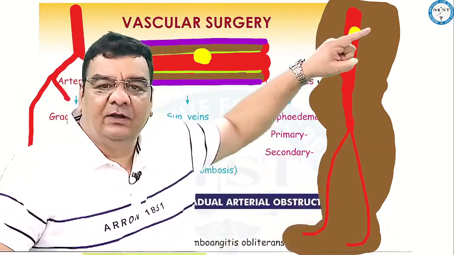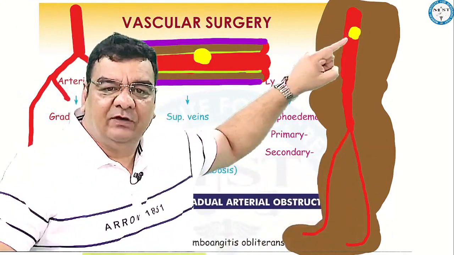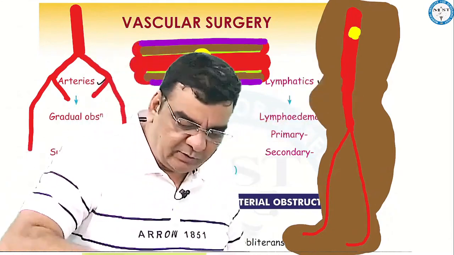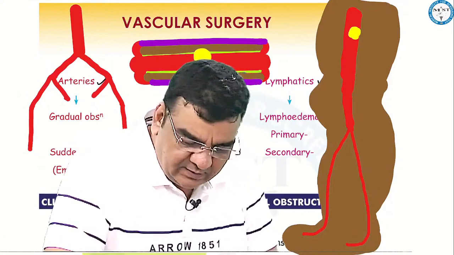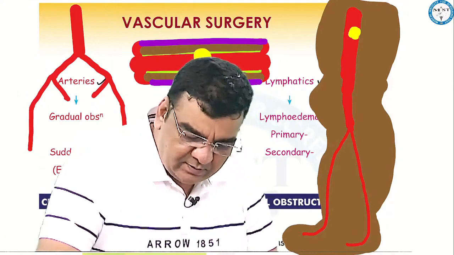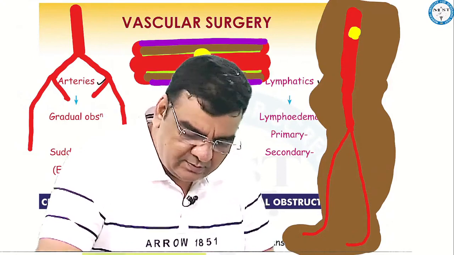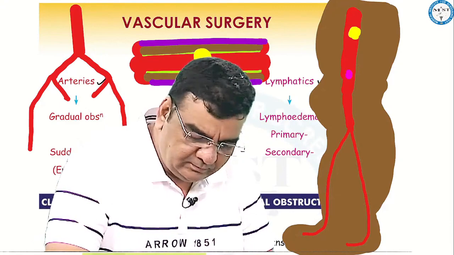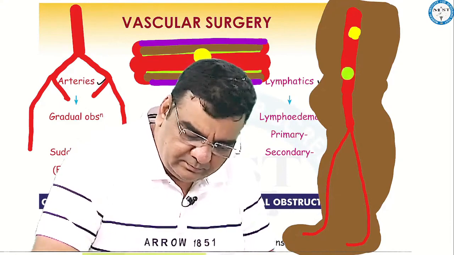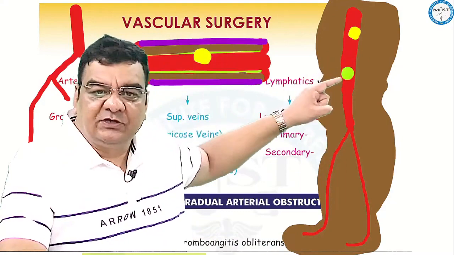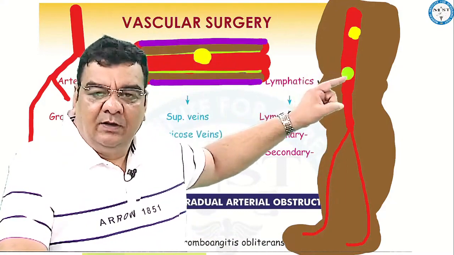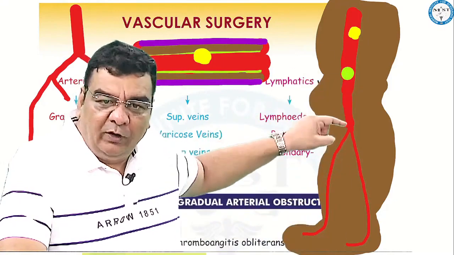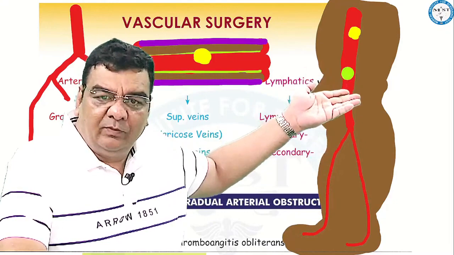Now you just tell me, if there is an obstruction at this level, or suppose I say there is an obstruction at this level. Okay, suppose I create an obstruction at this level, beta, right? What do you expect the nature of pulse below the obstruction? Will it be low volume or will it be high volume?